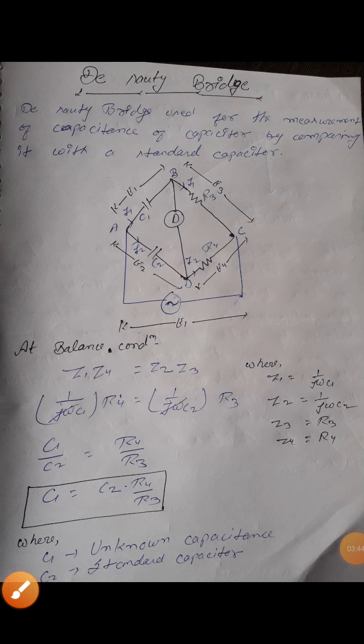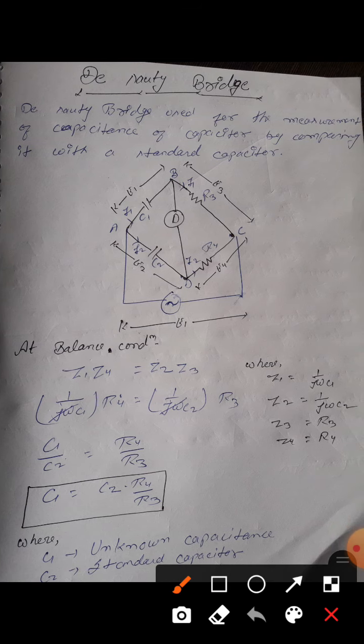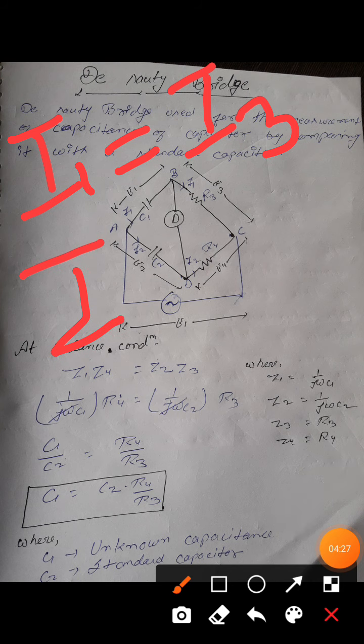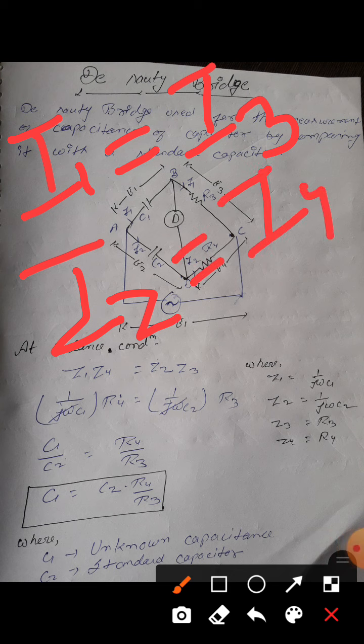And from the diagram, at the balance condition, there is no current flow through B and D, and there is no potential difference between B and D. So current I1 in branch AB is equal to I1 in branch BC, because there is no potential difference between B and D. And in branch AD, I2 is equal to I2 in branch DC.